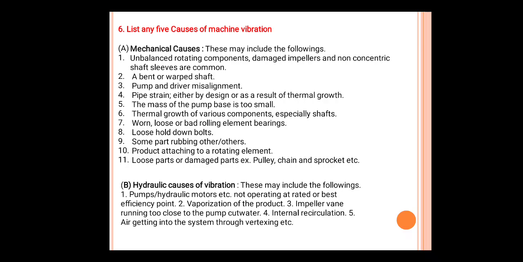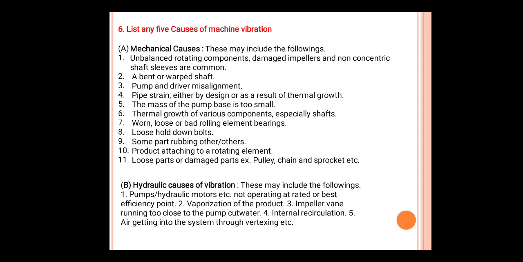In mechanical causes, there are many types that may be exerted during working time, like unbalanced rotating components, damaged impellers and non-concentric shaft sleeves, which are common mechanical causes, and also bent or warped shafts, pump and driver misalignment, pipe strain either by design or as a result of thermal growth, the mass of the pump base being too small, and thermal growth.